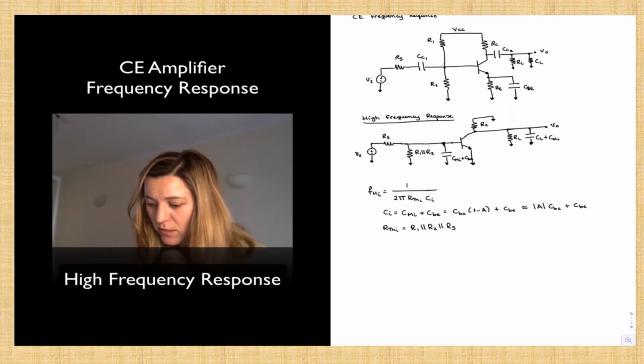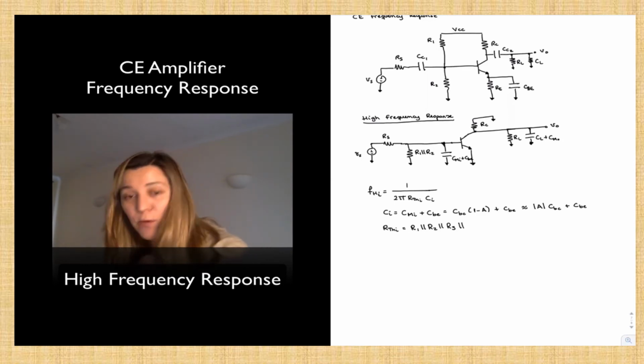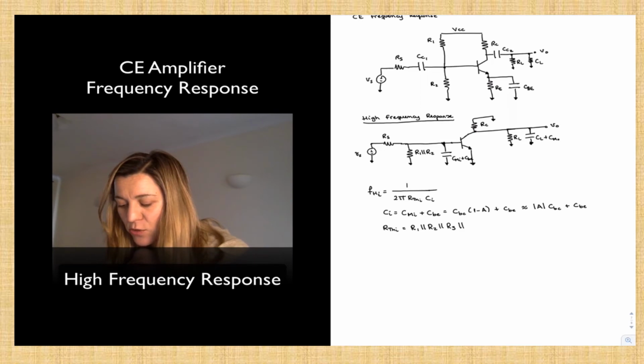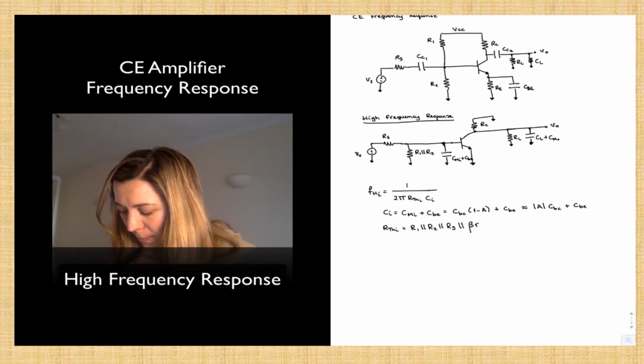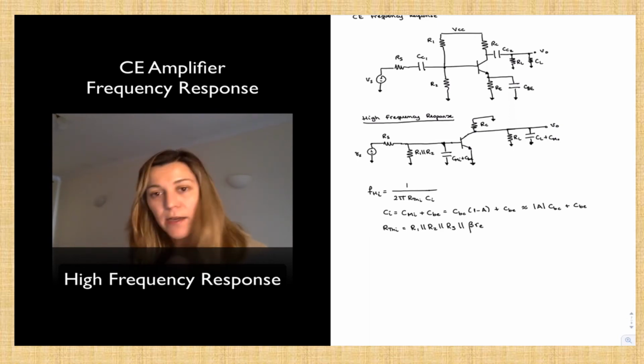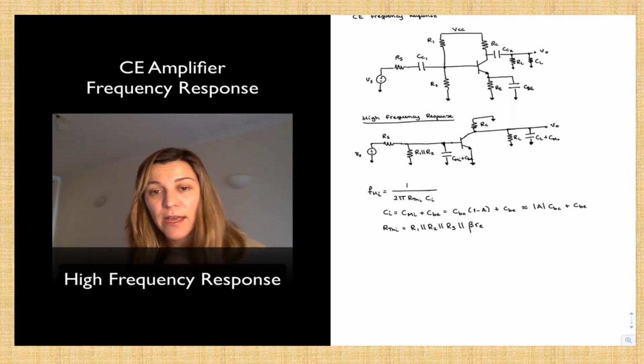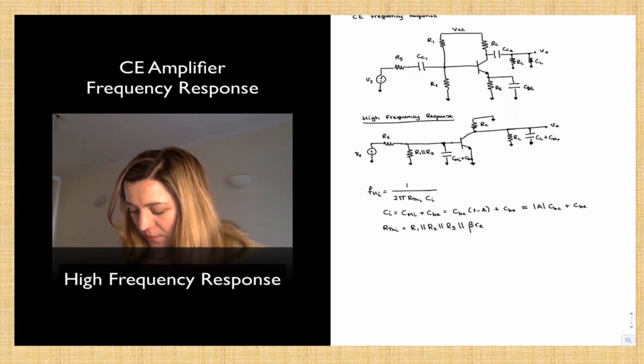That will be the value. Oh, and I'm missing one. The one that's connected on the other side, which is going to be beta times little r. And now I think I've got all of them. So that will give me a value for high cutoff frequency FHI.